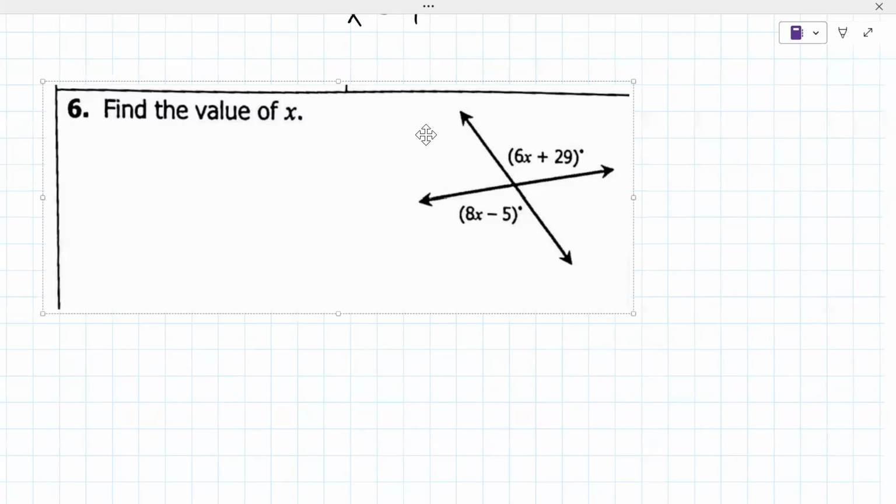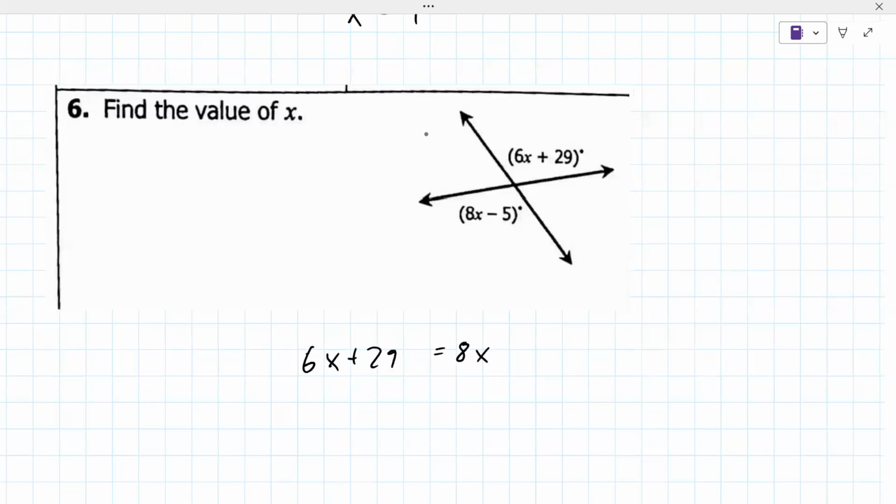Yes, exactly. Would it be 17? So x is 17.